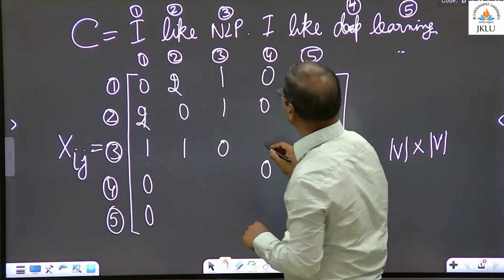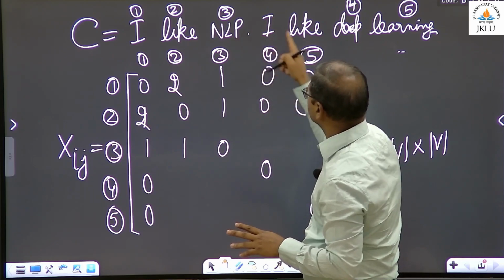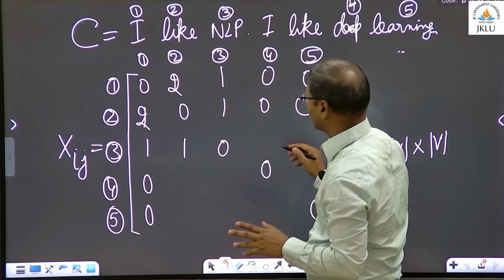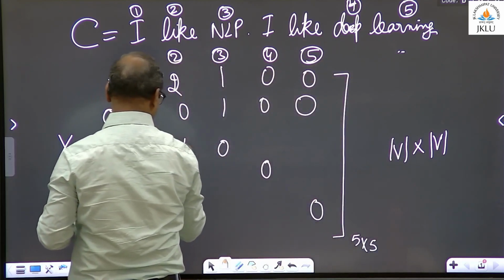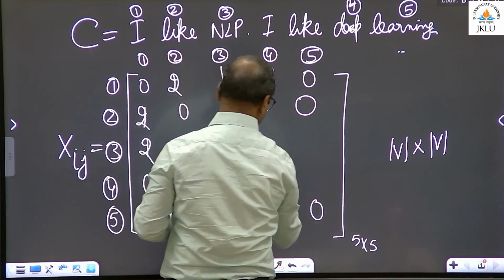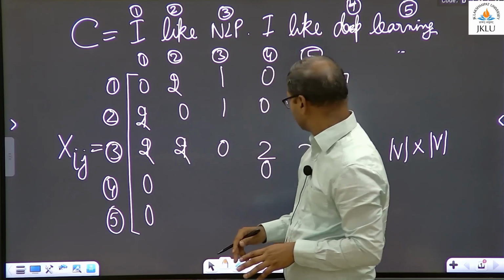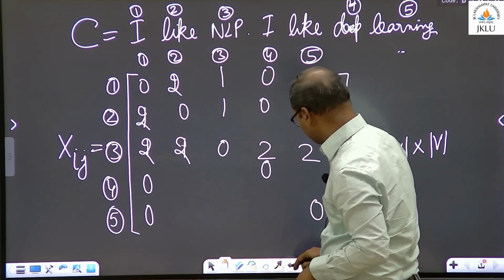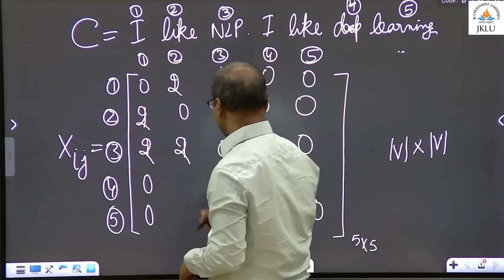What happens here? Or 2, 2, 2, 2. What next? This guy will be 0, 0. What next?